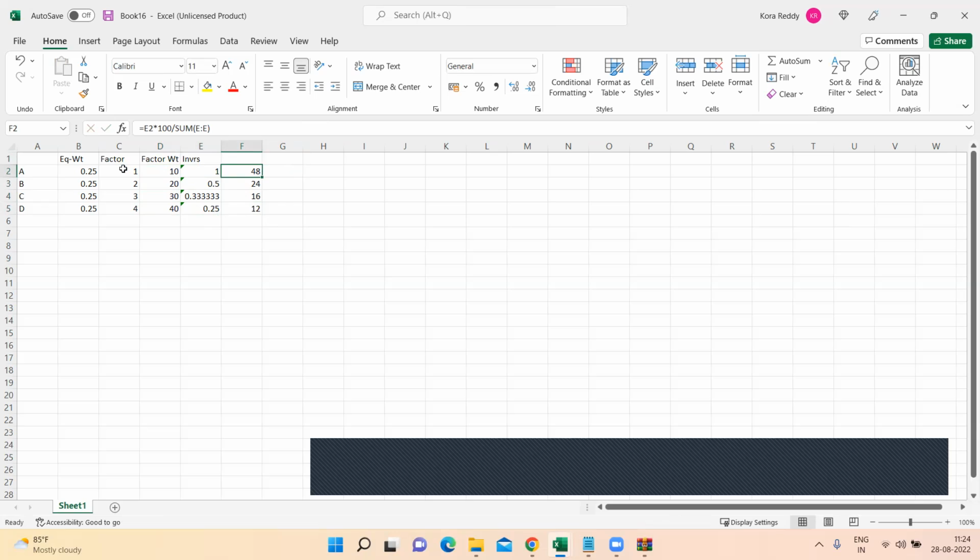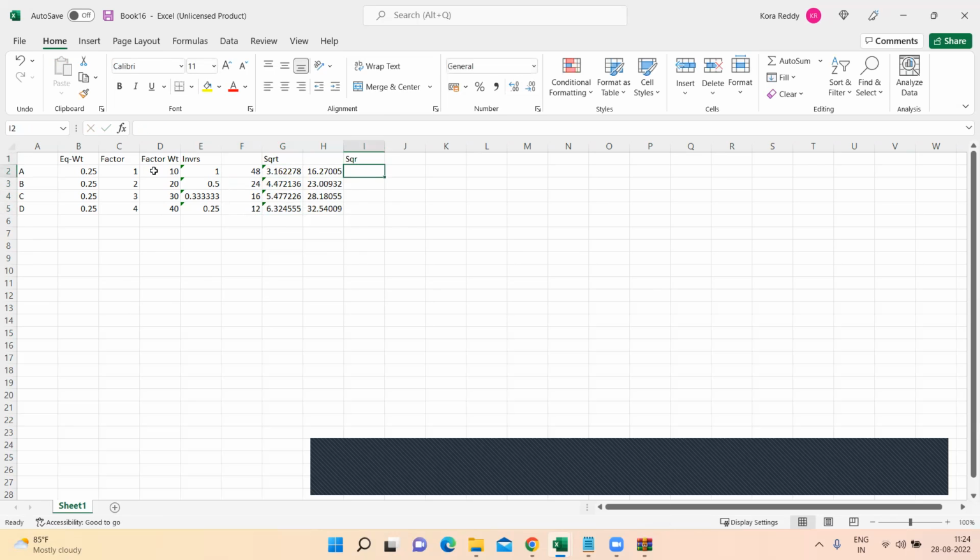You can do any other mathematical operator, something like square. And that would be the weightage. If you do in a square fashion, this is square root.